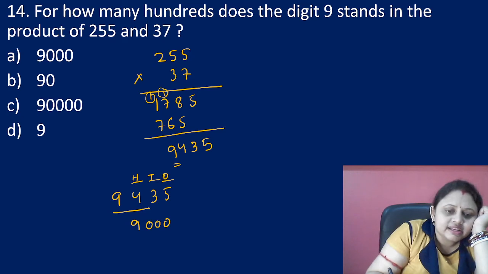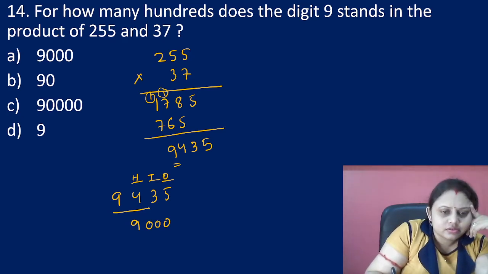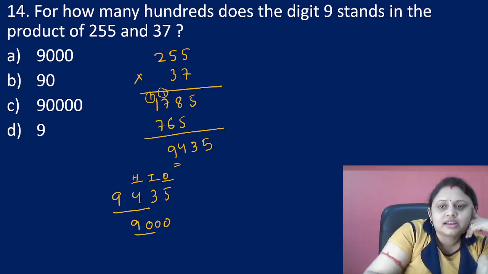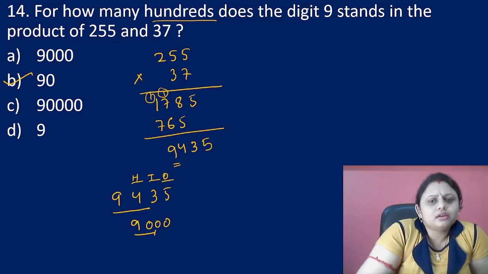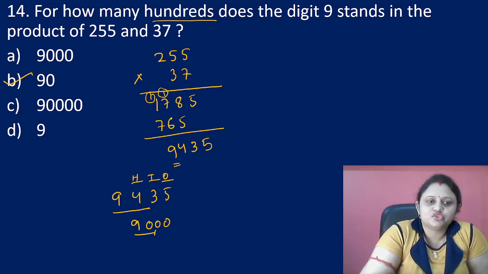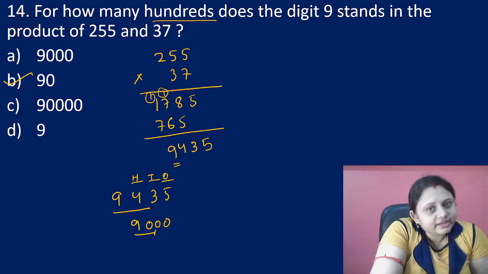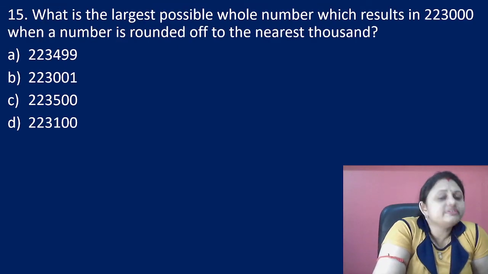In 9,000, how many hundreds are there? 90 hundreds. So the correct option is option B. If it asks the place value of 9, you will write 9,000. But how many hundreds? You will say 90 hundreds. Okay बच्चों, let's move to the next and last question of this video.